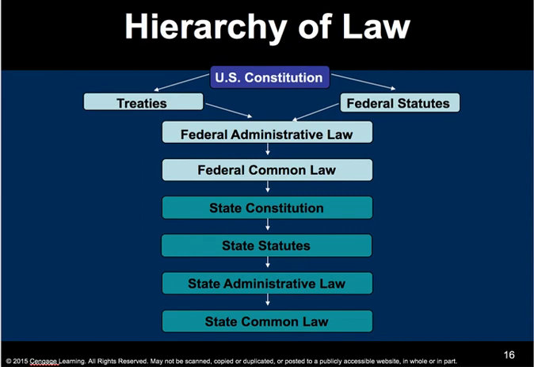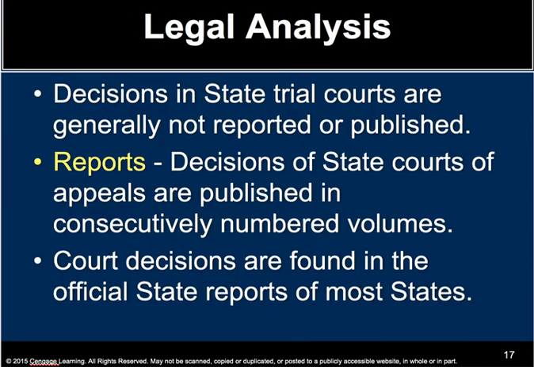And so the decisions from these courts of appeal then become state common law. And we'll talk a little bit more about that when we discuss the legal system in a little bit more detail. And we're going to finish up the chapter here by talking a little bit about legal analysis.